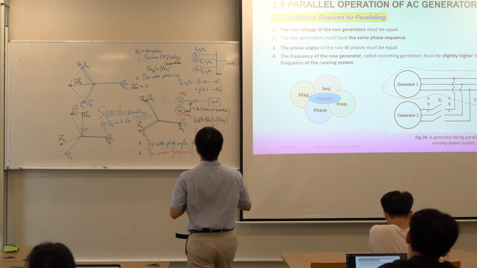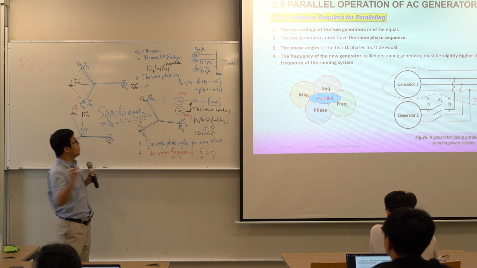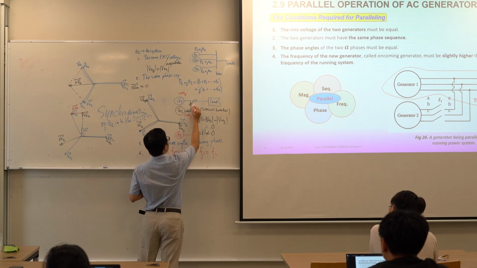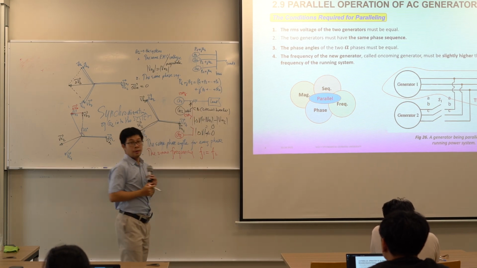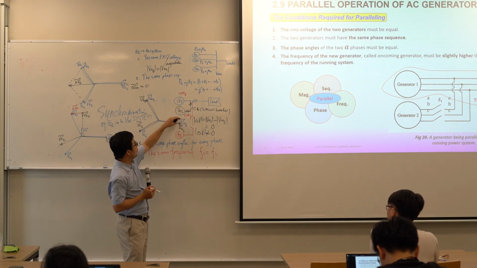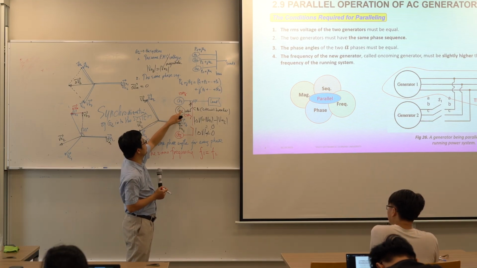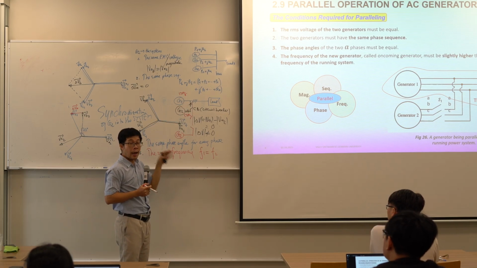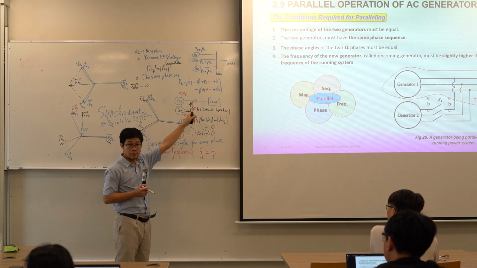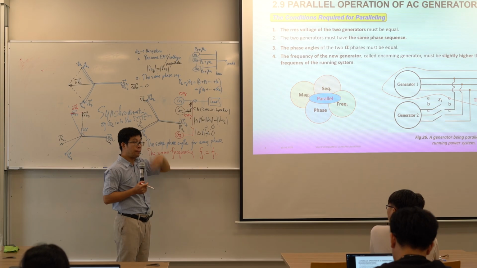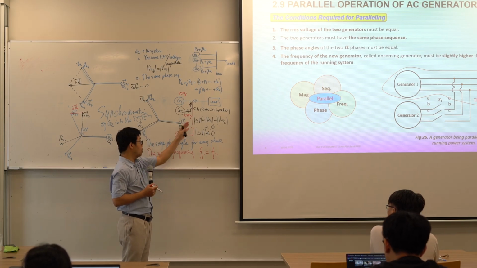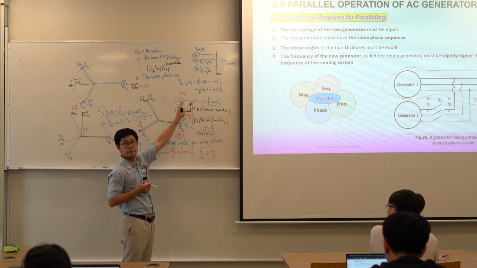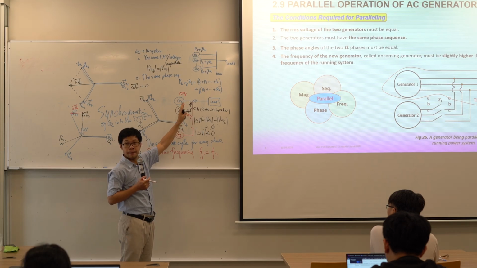If we have T3, we also follow the same step by step. First of all, we synchronize or connect T2 to the system. When you finish, you continue to connect T3, T4, T5. In every step, only one generator is connected to the system. Generator by generator. We cannot close many generators to the system at the same time. No, very, very difficult. Don't do that.